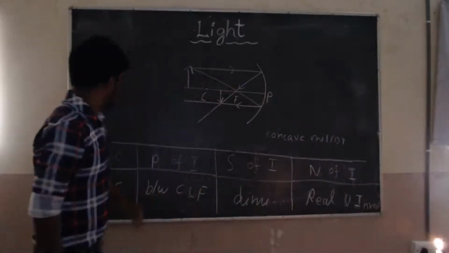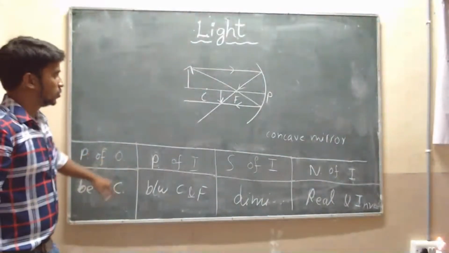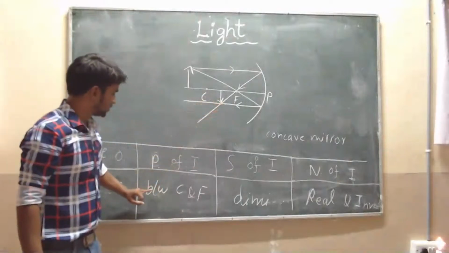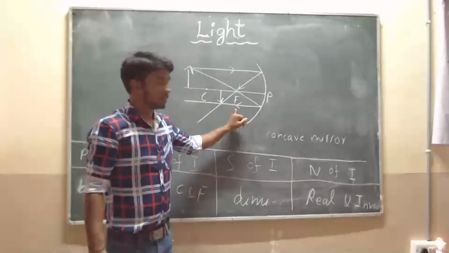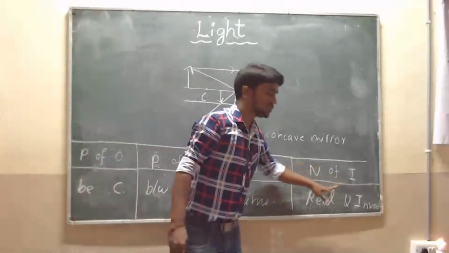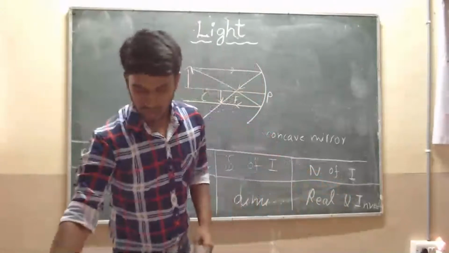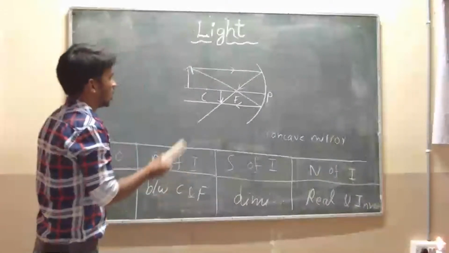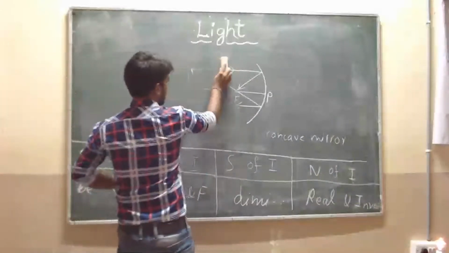Okay, so now position of the object is behind C, position of the image is between C and F, then size of the image is diminished, then nature of the image is real and inverted. Okay, yes. So next I will keep the object at C, that is the center of curvature.